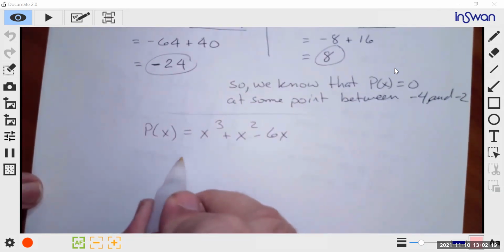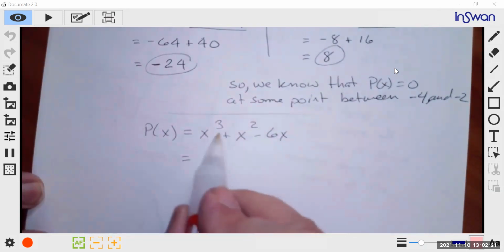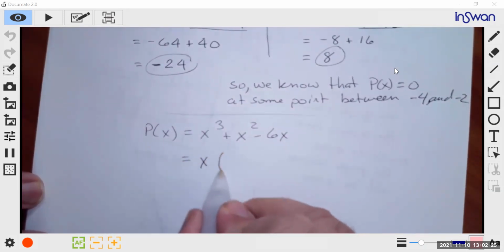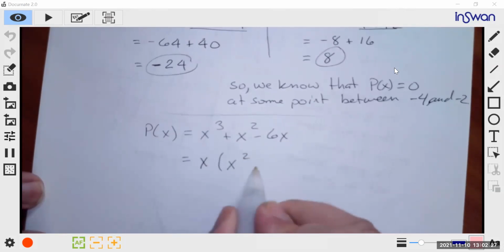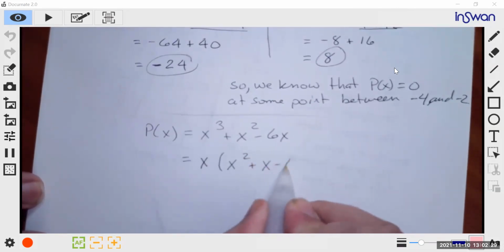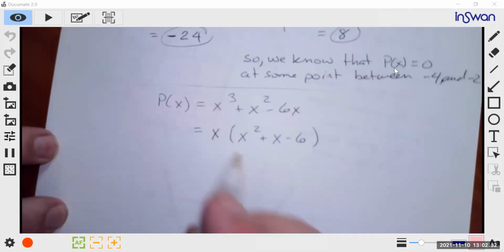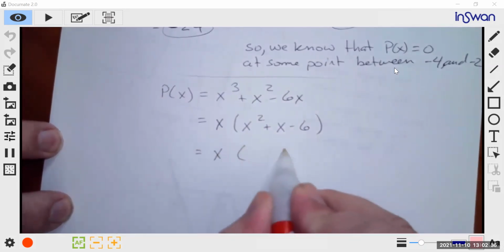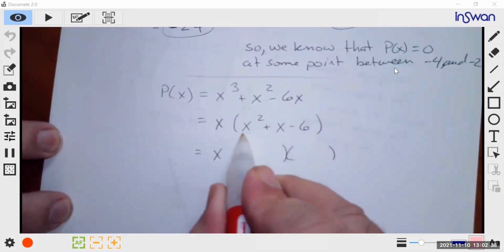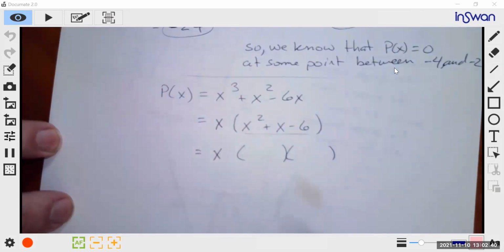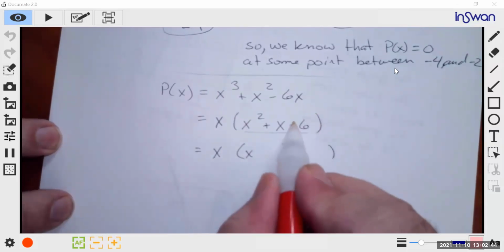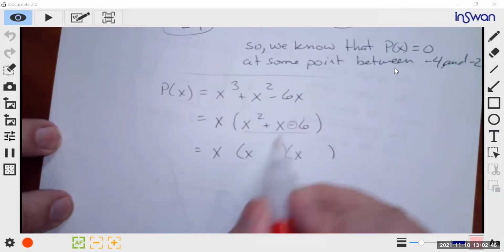Let's factor it. All three of them have one x in common. I can factor the quadratic, x and x. Second sign's a negative, so that means they're different.